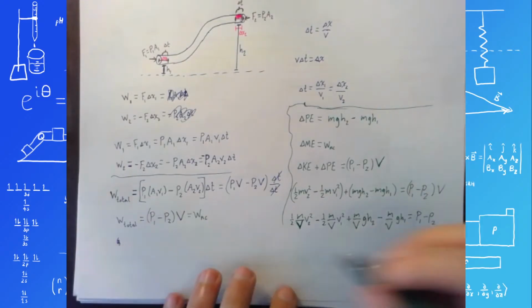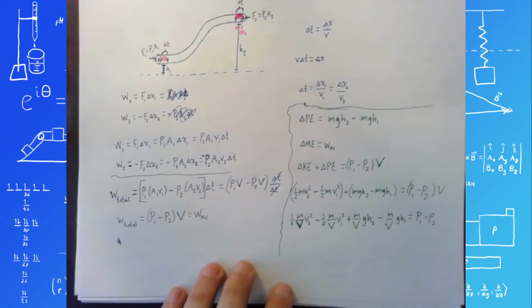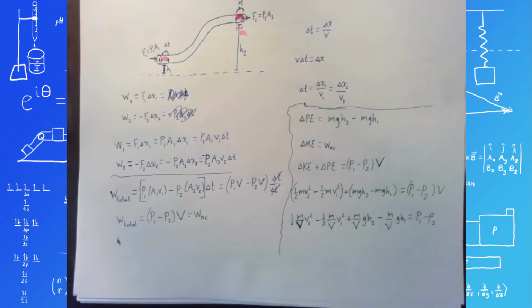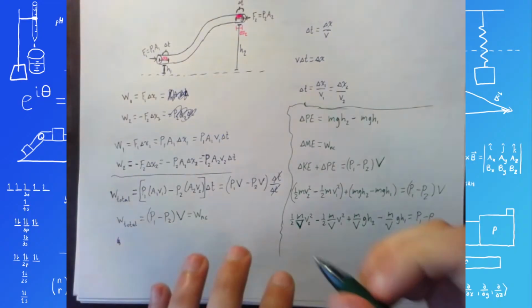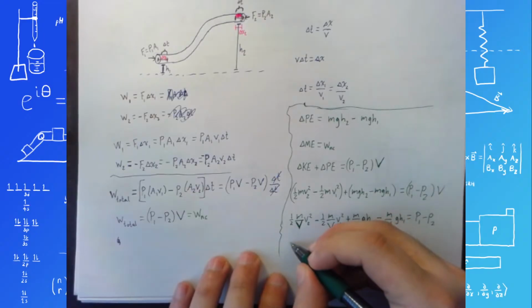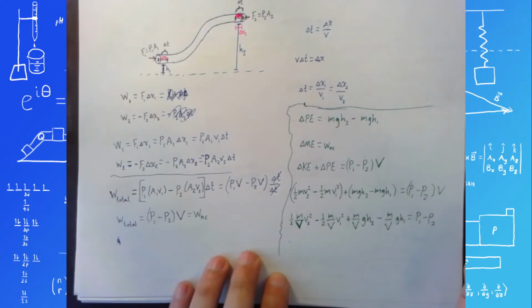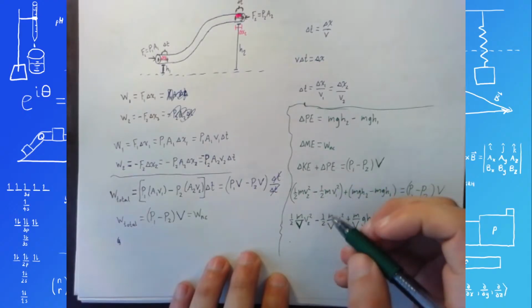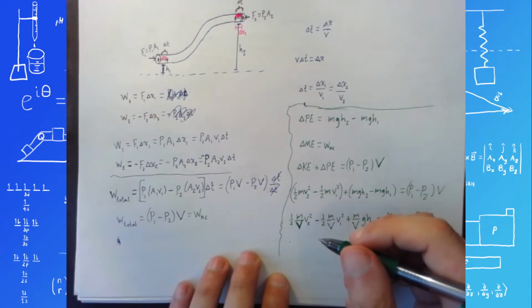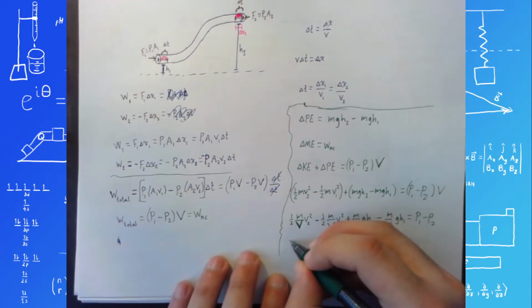Mass over volume. That should look familiar. That is density, the density of the fluid. So we don't need to know the volume of the fluid, and since we didn't know mass, that would have been another problem. We don't need to know the mass of the fluid either. We just need to know its density.